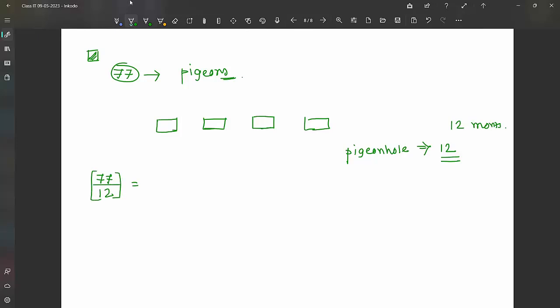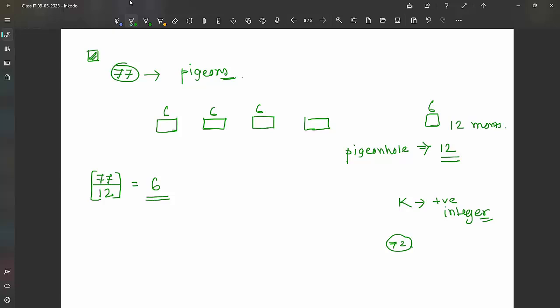I think you all are familiar with the box function, na? Box function is the greatest integer function. It will give you the integer value because we already said that k is a positive integer, so you can't choose k as a fraction. So if we take 77 by 12, this is actually 6. After giving 6, 6, 6 to each of the 12 months, a total of 72 students is already covered.